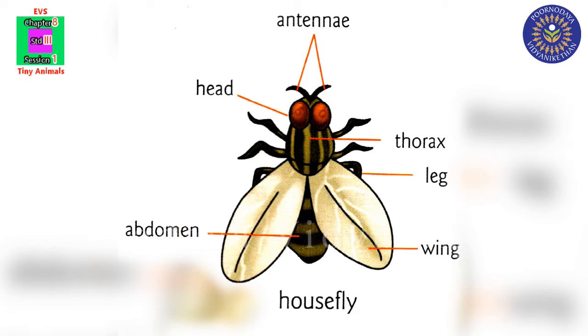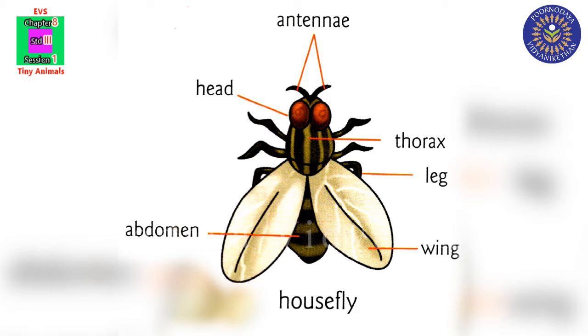They have 6 legs. Houseflies have 6 legs. They have 2 feelers called antenna. We can see 2 feelers, 2 horn-like things, that are called antenna. They have soft bodies with no bones.